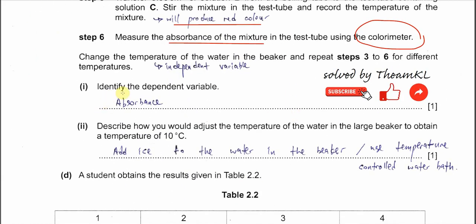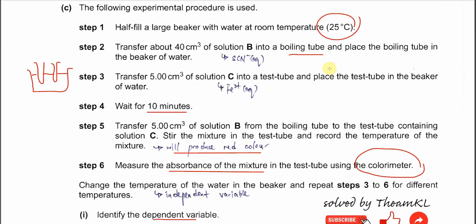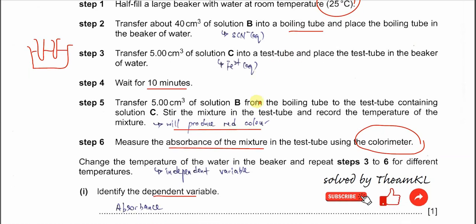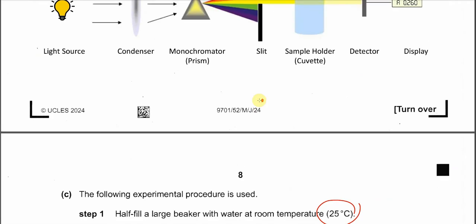Part 1. Identify the dependent variable. The dependent variable depends on the one that we change. In this experiment, we can change to any temperature. We can use 25, 30, 40, 50. Once we change the temperature, the absorbance will change. Absorbance depends on the formation of the product, which is the iron thiocyanate.